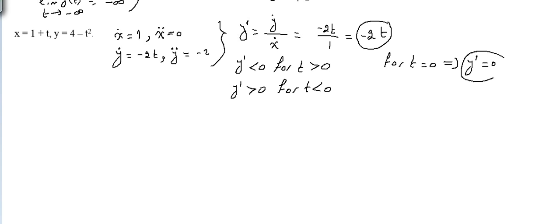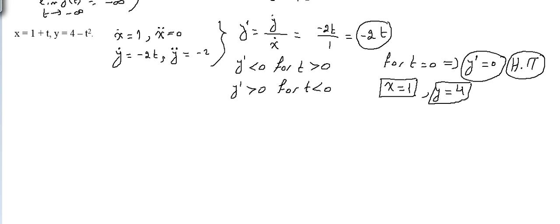When the derivative is 0, we have a horizontal tangent. At which point? We substitute t equals 0 in x and y. x equals 1 plus t, so x equals 1. y equals 4 minus t squared, and t is 0, so y equals 4.